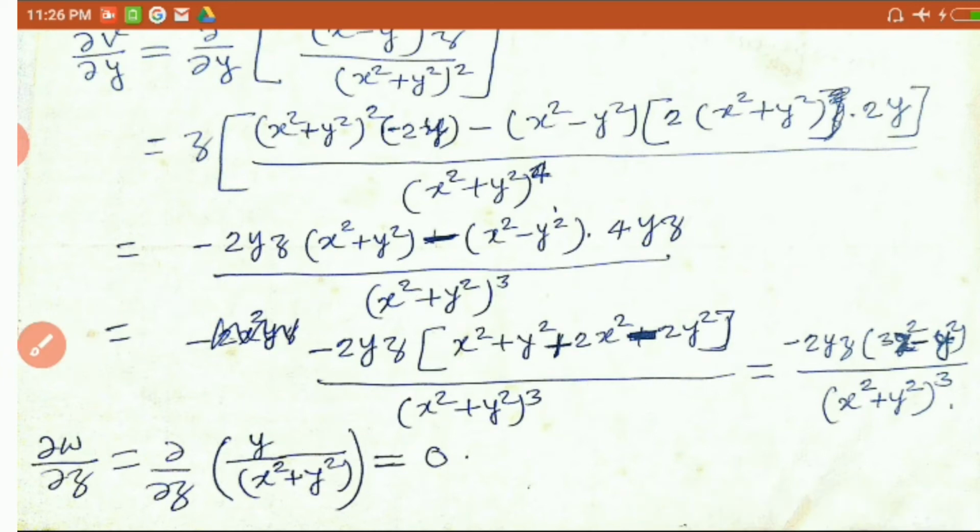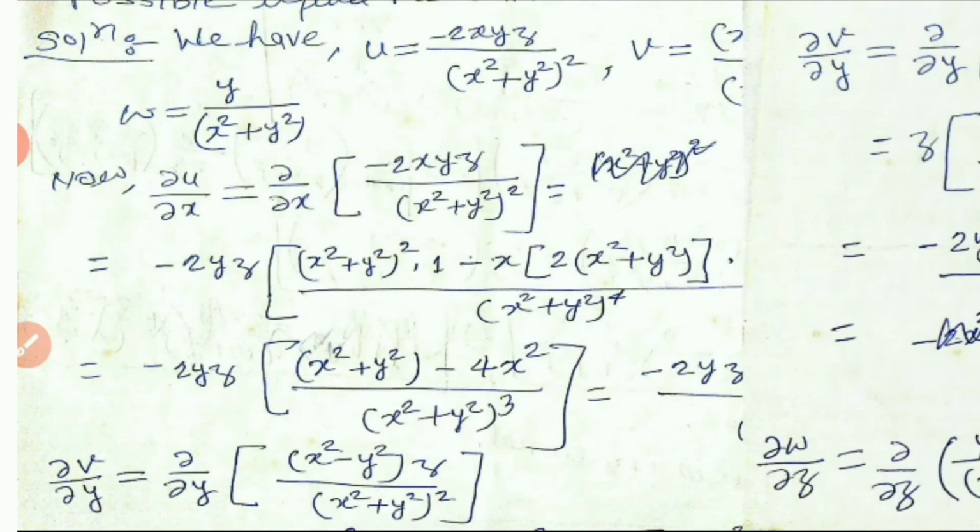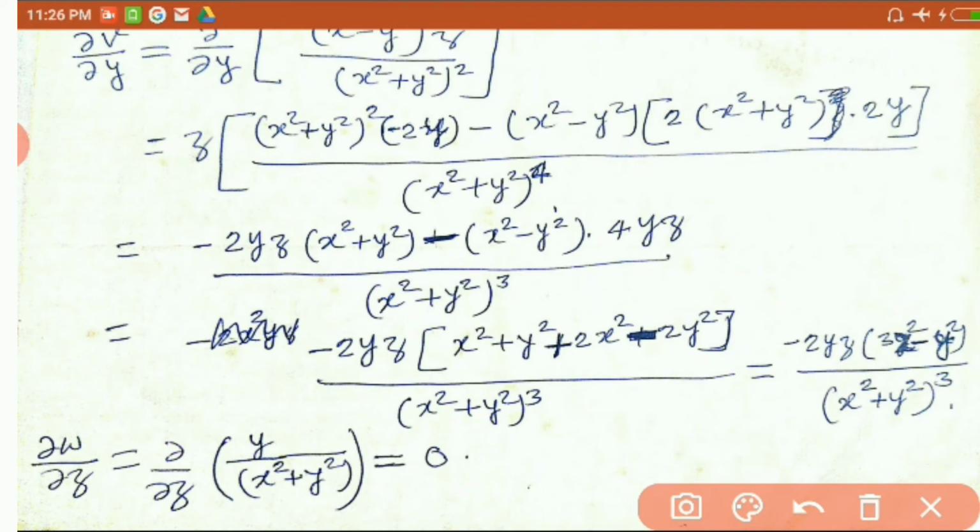So what do we get? We get minus 2y and this z, (x² + y²)², and here x² + y², so both have the common factor x² + y². Then minus (x² minus y²) into 2 into 2, which is 4yz.